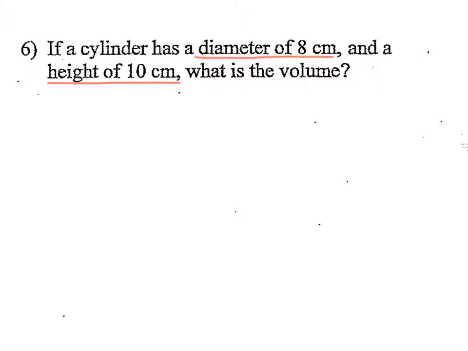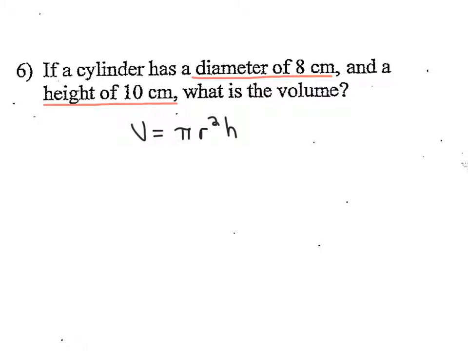So let's go ahead and remind ourselves of what we need for volume. So we know to find volume we multiply pi times the radius squared times the height. Now read this carefully, because in this case they told you the diameter is 8 centimeters.